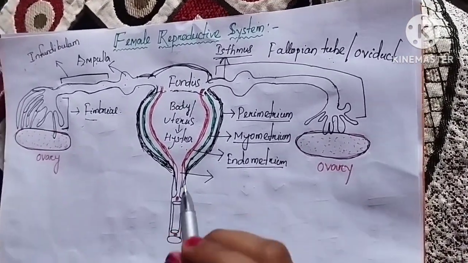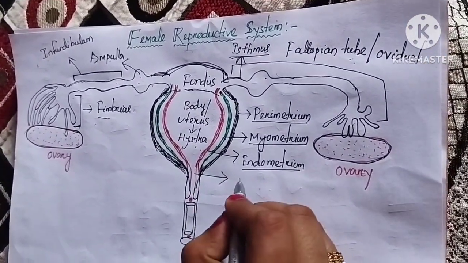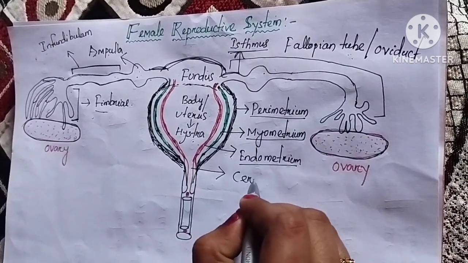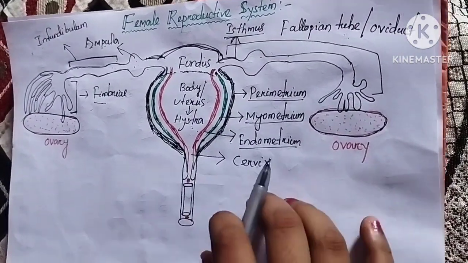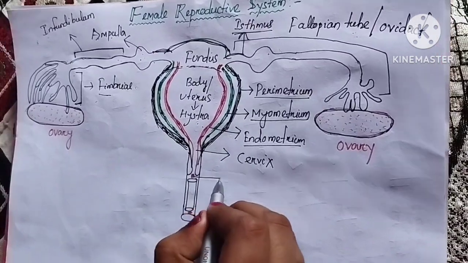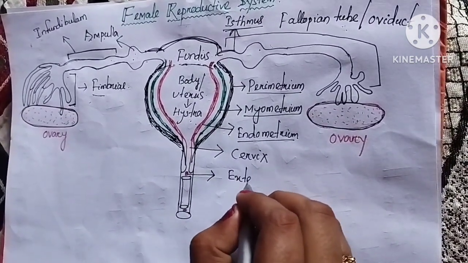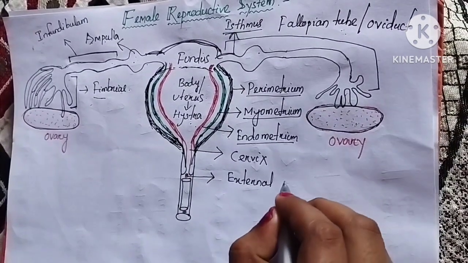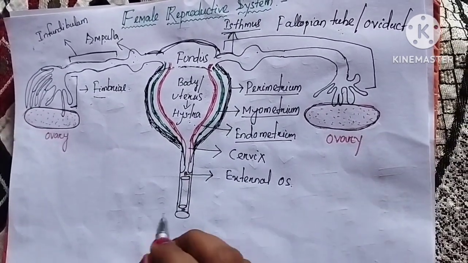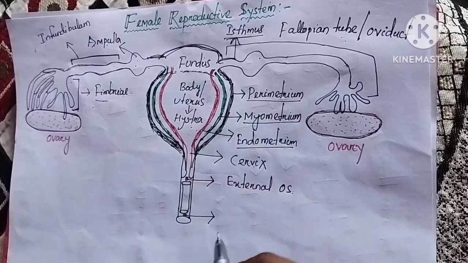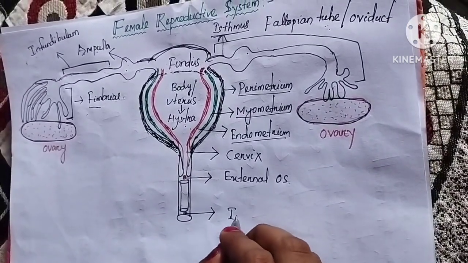This part of the female reproductive system is called the cervix. This part is called the external os, and this is the internal os.